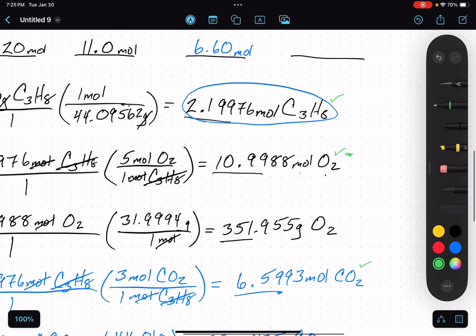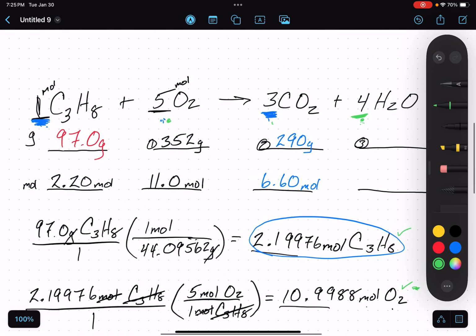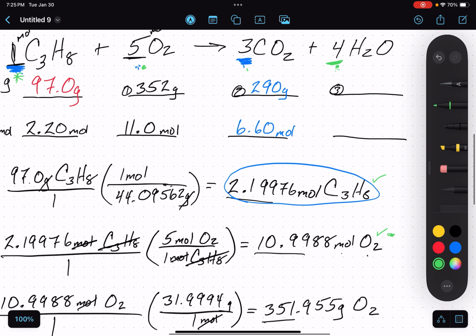Or if I'm using propane to solve for water, I'm going to be using the 1 and the 4. And then I would have to use this number over here as my starting point.